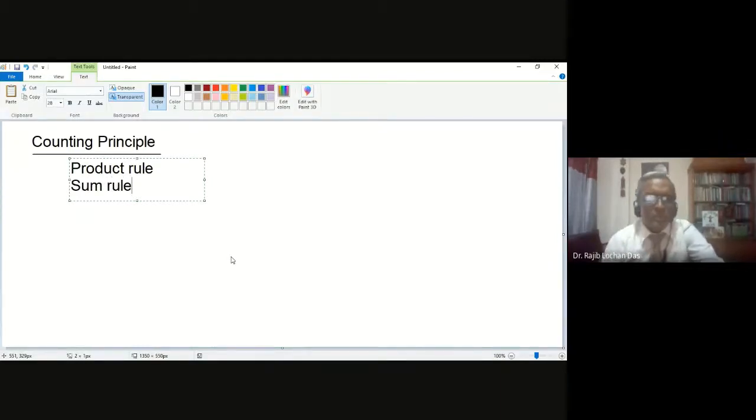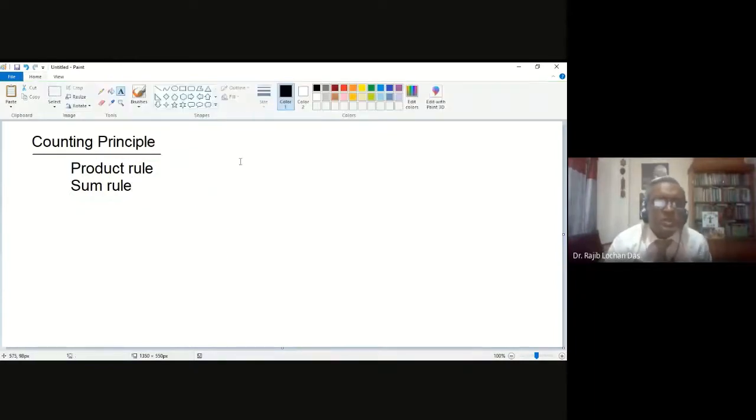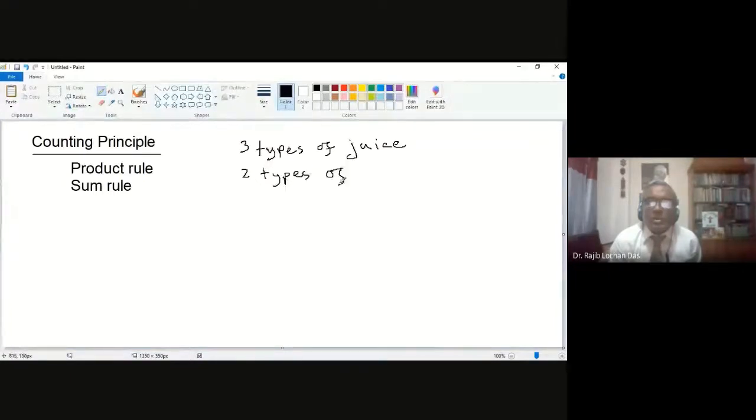I'm giving you one example that will be easy to understand. Say you have a party and some friends are here, so you have some options: three types of juice, and two types of tea.